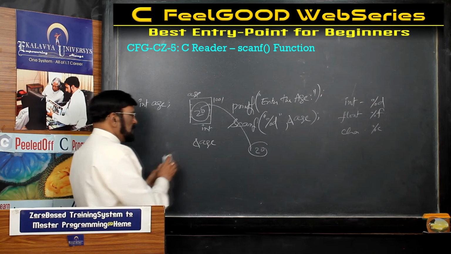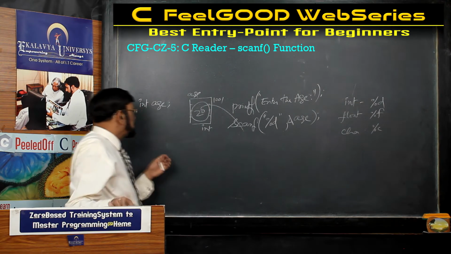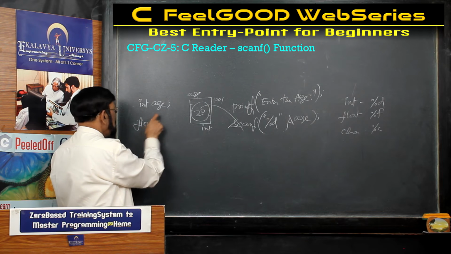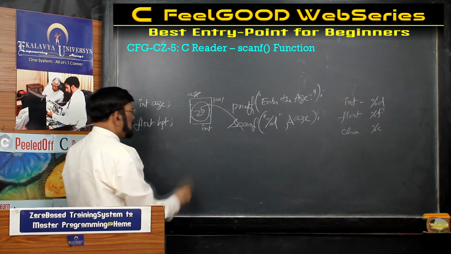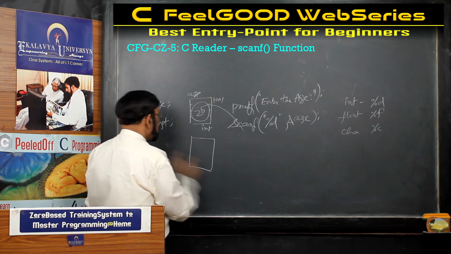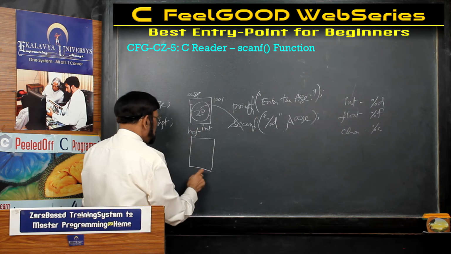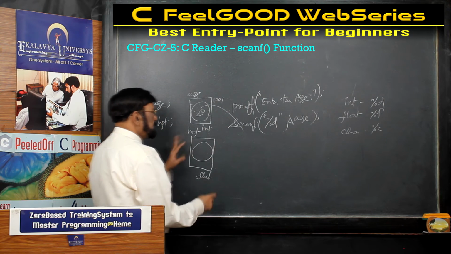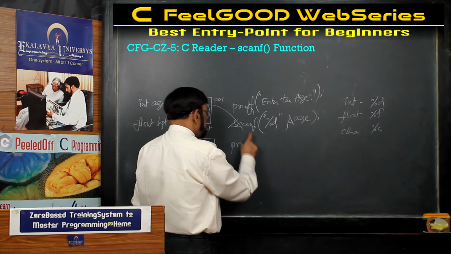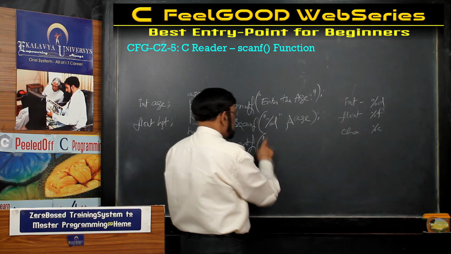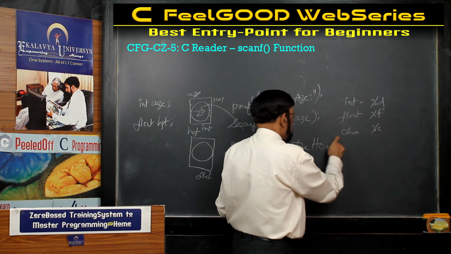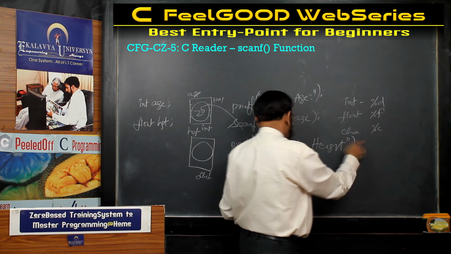One more example. I won't give an explanation; by this you can understand that. Now float height. As a result of that, the space is created. Then what do you have to write? Printf prompt statement I am writing: Enter the height. This is the prompt statement.